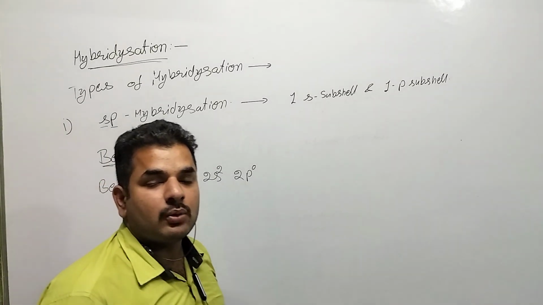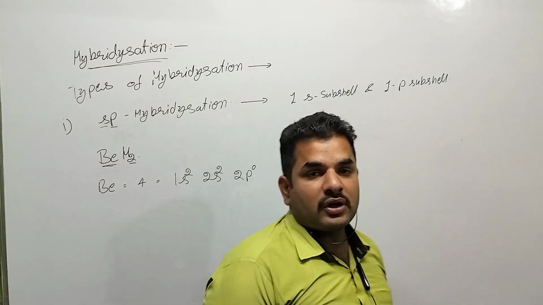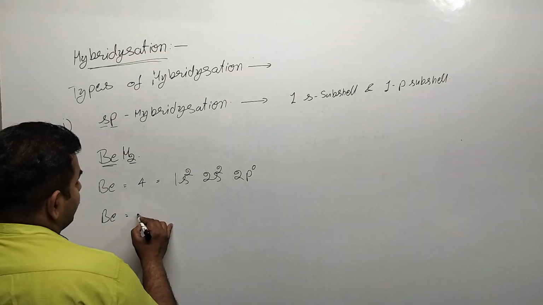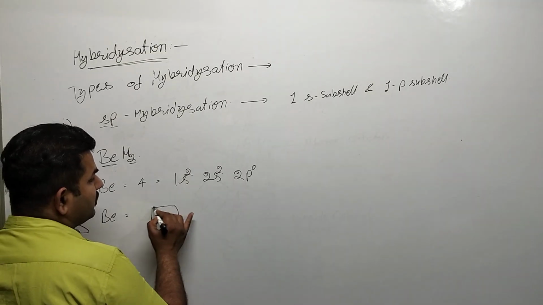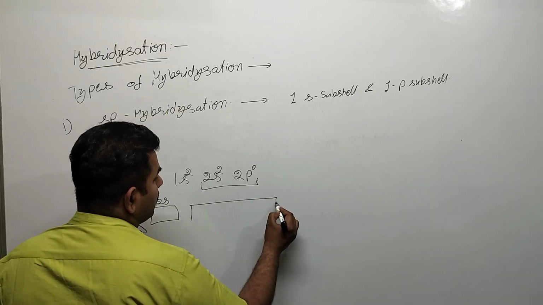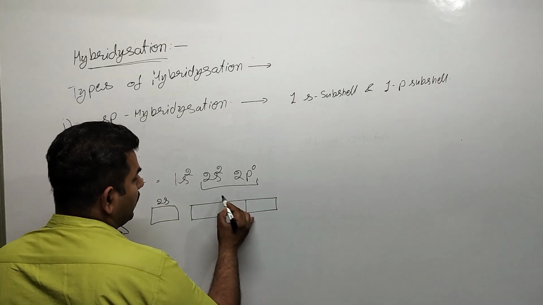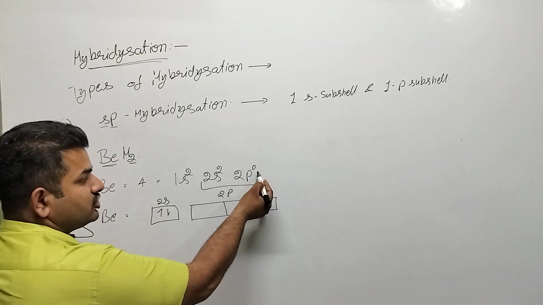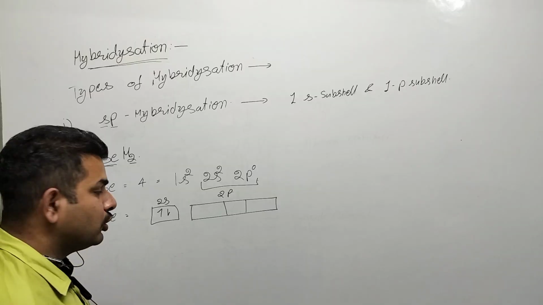That means it requires two half-filled orbitals for bond formation. In that case, beryllium has the valence shell, that is 2s, and we have the 2p, 1, 2, and there are 0 electrons in the p subshell orbitals.